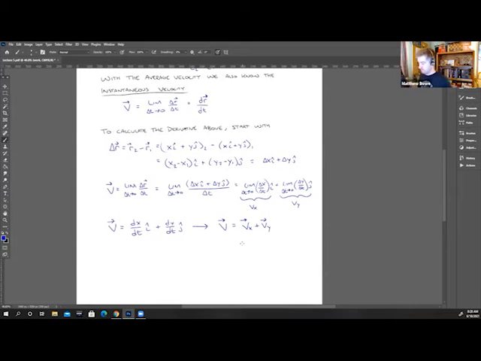I'm probably going to have to shrink this. Now we have a formula for velocity in two dimensions.